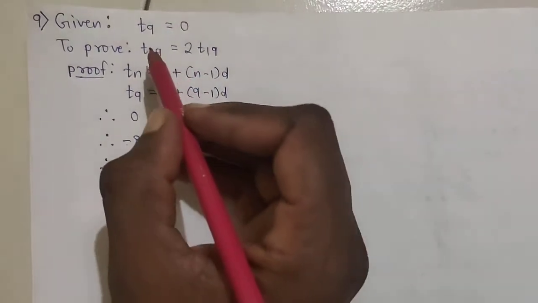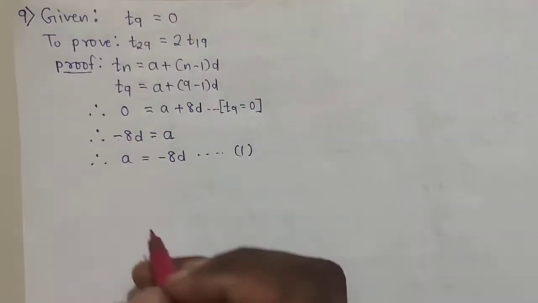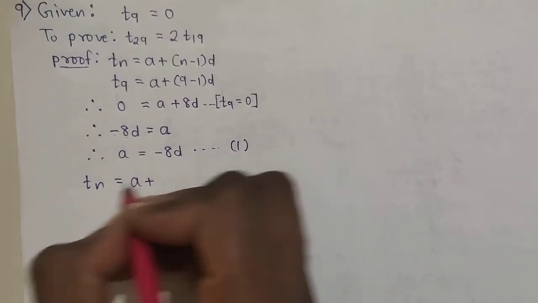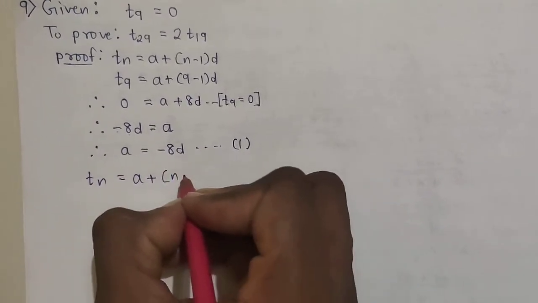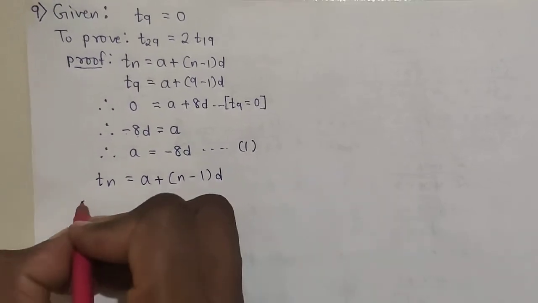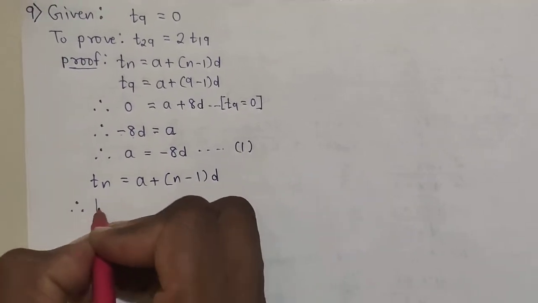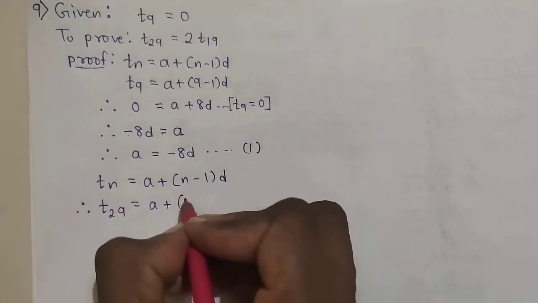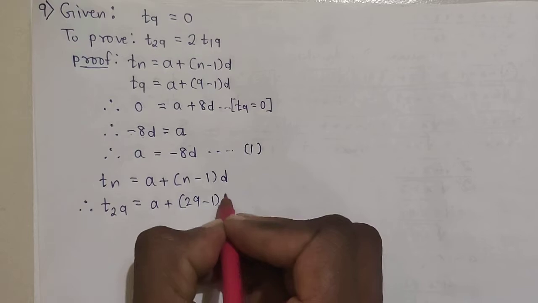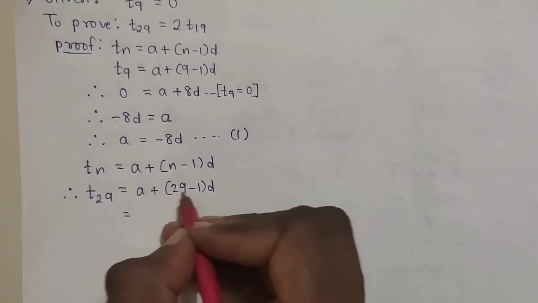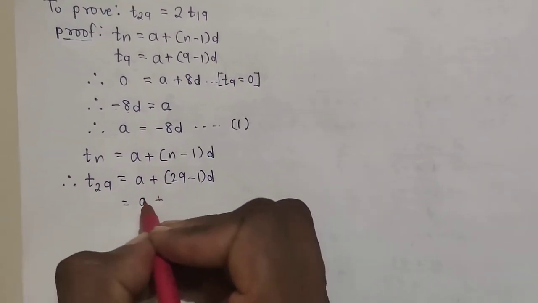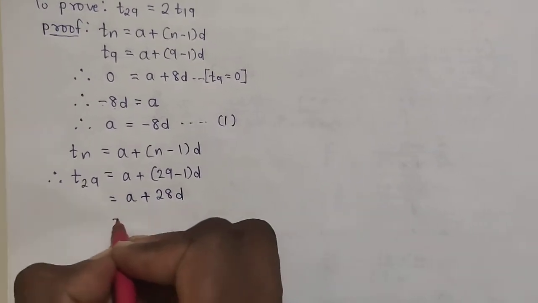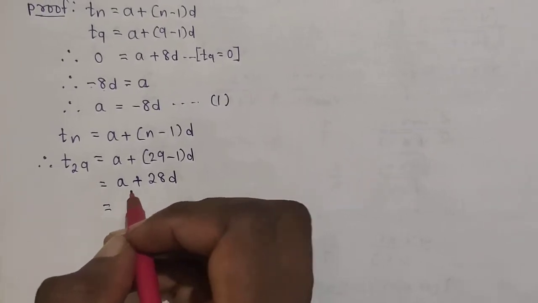Now first we will do this T29. For that, first use the formula, Tn is equal to a plus bracket n minus 1 into d. Now next step is we are going to replace this n by 29. Okay, this is 29 minus 1. So you know 29 minus 1 gives you 28. Now in the next step, concentrate here.